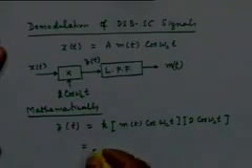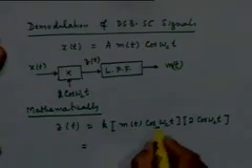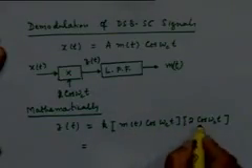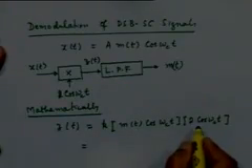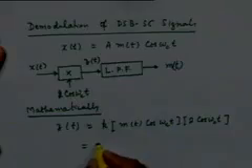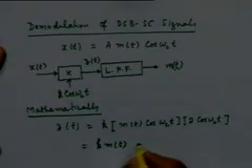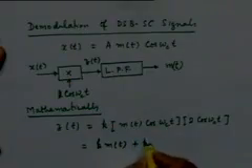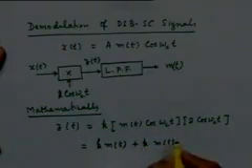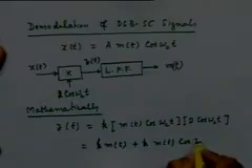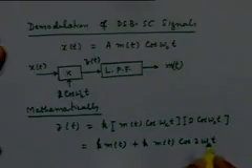So this will be equal to, as you can see, when you get 2 cosine square omega_c t, which you can write as 1 plus cos 2 omega_c t. So this will be k times m of t, the first part, plus k times m of t cosine 2 omega_c t. I have skipped one step in the process.